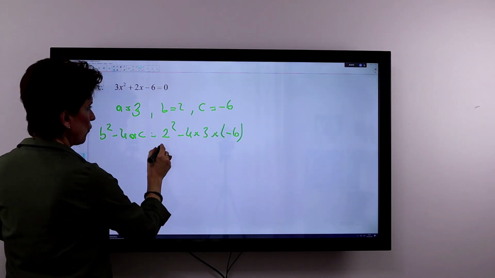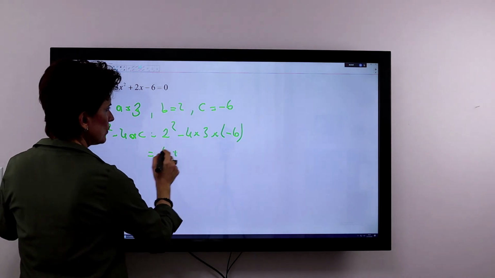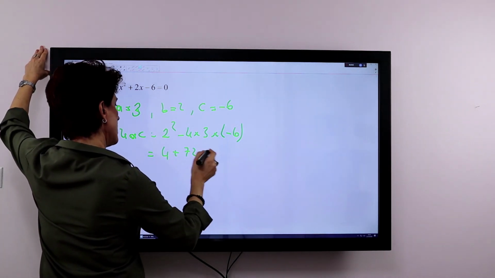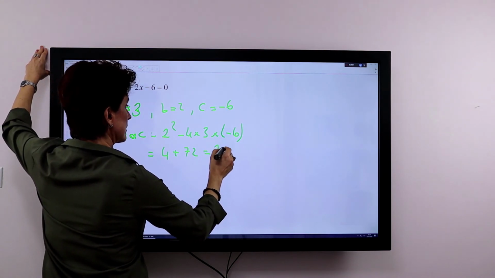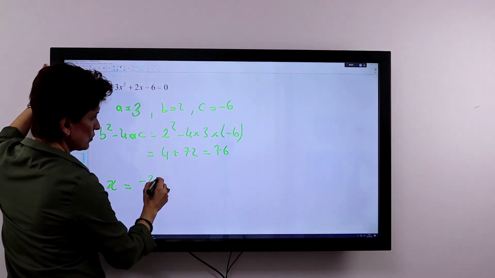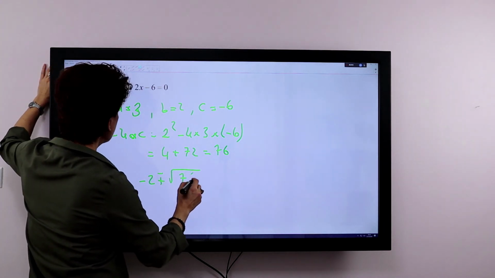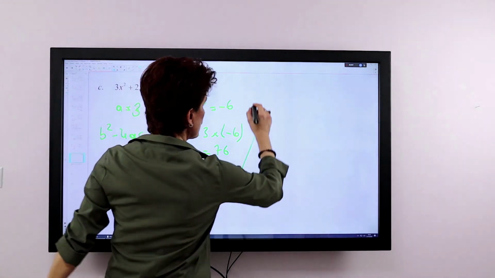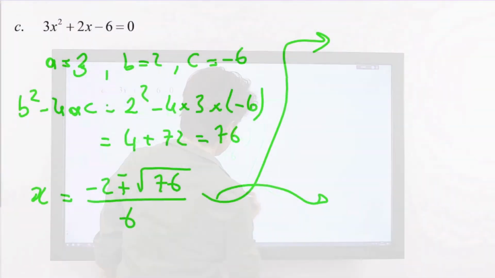Okay, here is 4 plus 72, which is 76, right? Okay. The x value is negative b, negative 2, plus or minus the square root of 76, over 2 times 3, which is 6. Okay? First value is here, second one is here.